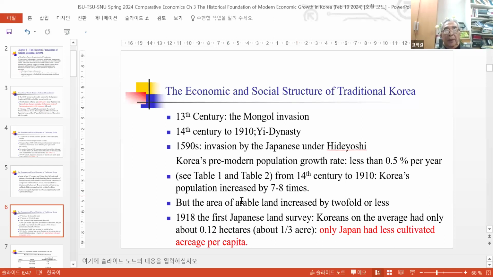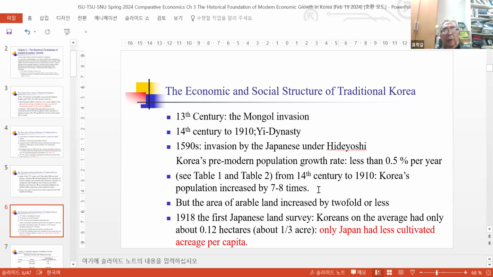But the area of arable land increased by twofold or less. What does that mean? While population increased 7 to 8 times, arable land increased by only twofold, so population density is higher.